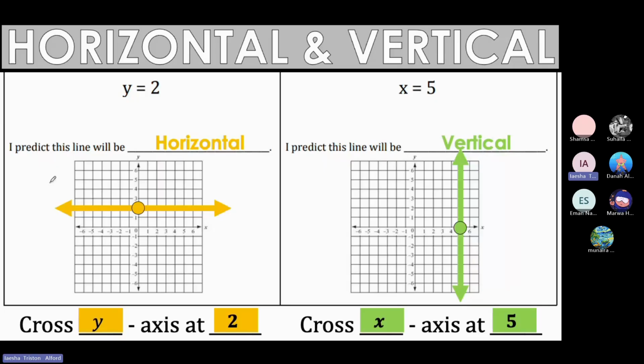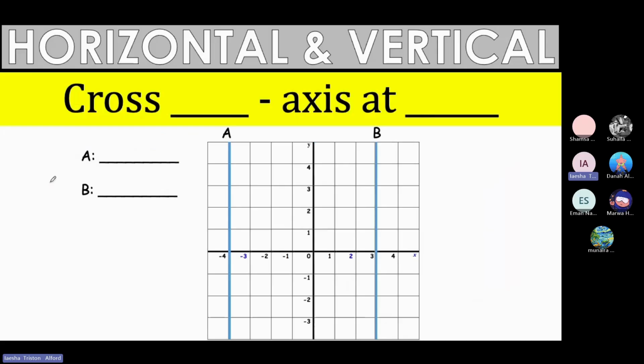This is another one, seeing can you use this idea. So we have line A. What should be the equation for line A? It crosses what axis, line A? It crossed the x-axis at what number? -4.